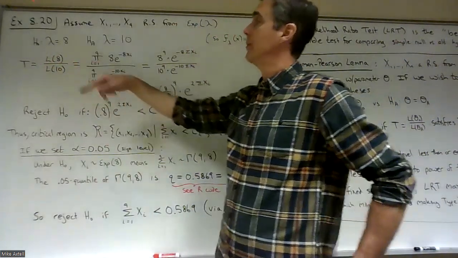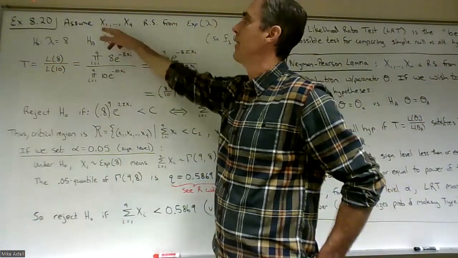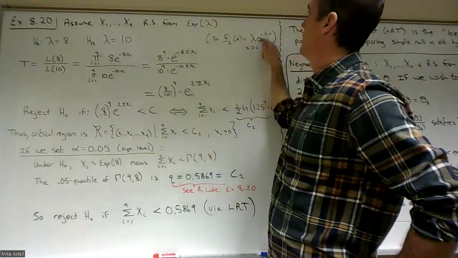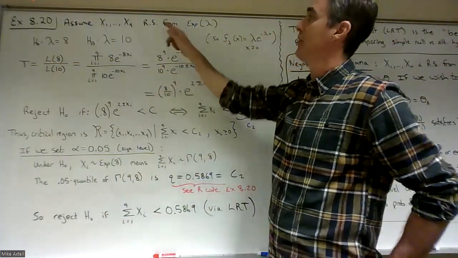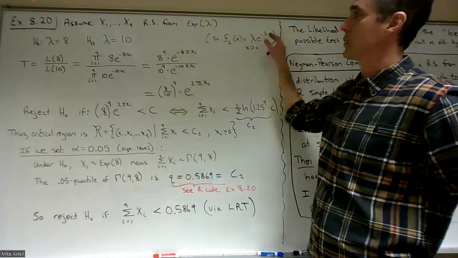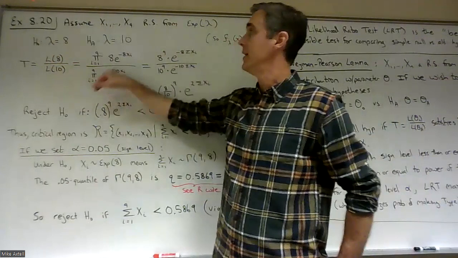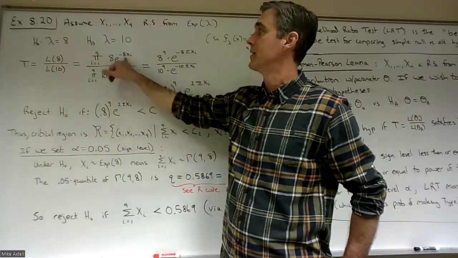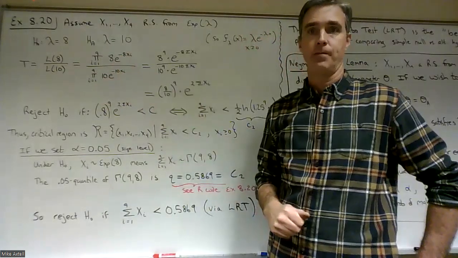The likelihood that lambda is 8: for x1, the probability would be 8 times e to the negative 8 times x1. Then I multiply it by the same expression for x2, 8 times e to the negative 8 times x2, et cetera, all the way up through 9. The likelihood for lambda being 10 is exactly the same thing, but the 8s get replaced by 10s. So I get that ratio.